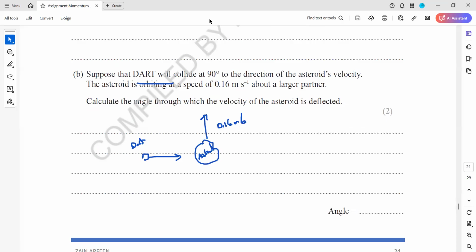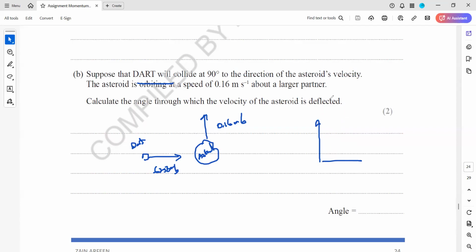So the dart was moving at the speed of 6,250 meters per second. And the velocity of the asteroid has changed because when two objects collide like this, what will the resultant velocity be? The resultant velocity will be in this direction, because this is a higher value and this is a smaller value, but it's about the momentum.